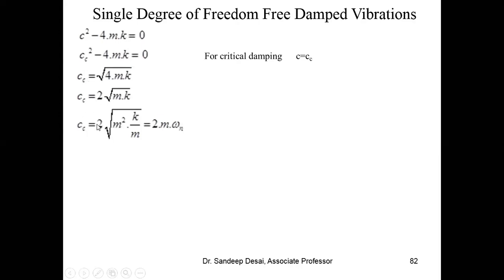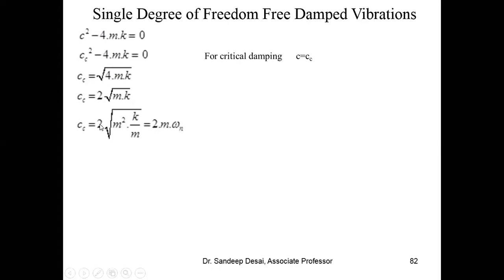So Cc is equal to 2 into under root, multiplied and divided by m. We have multiplied by m and divided as well. So Cc is equal to 2 into under root m square into k by m. The equation remains the same, we are only multiplying and dividing by m. So Cc is equal to 2, m square will come out, that will become m.